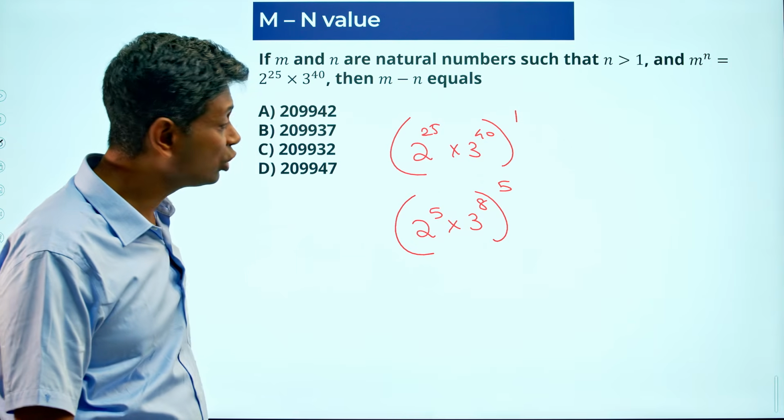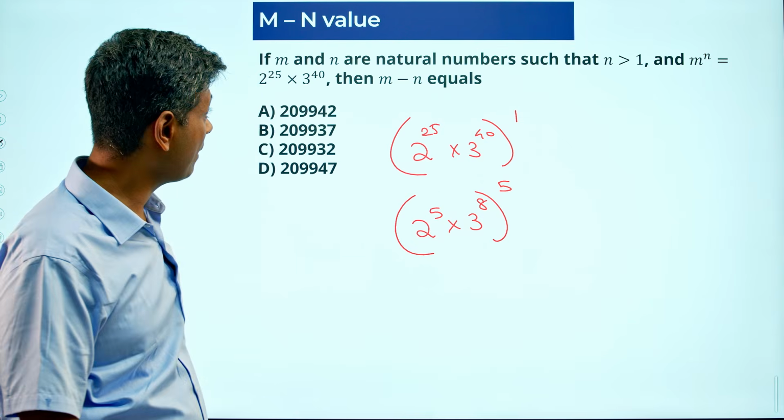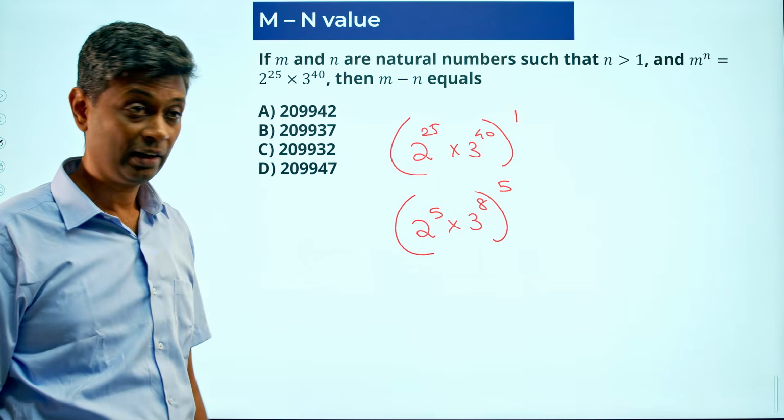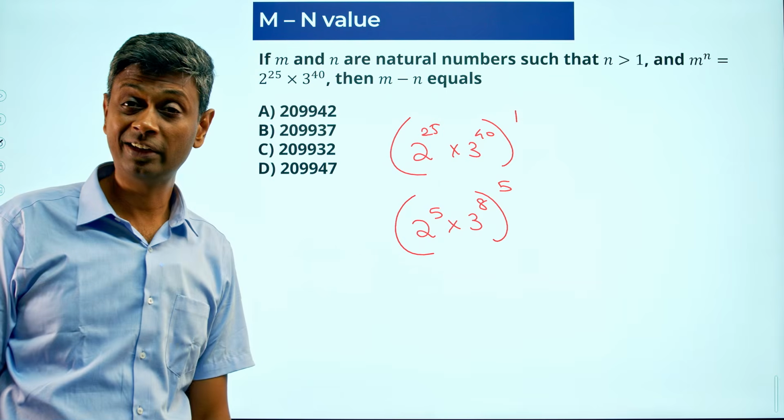Brilliant. This is the only possible way, nothing else is possible. So M minus N, N is 5, M is this giant number which is a pain in the neck.